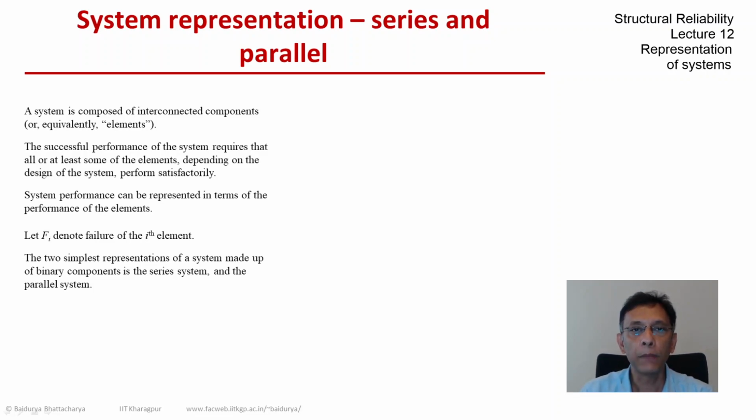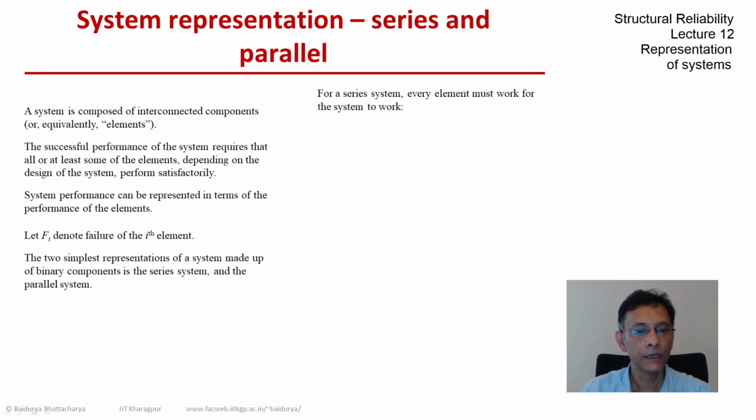That word binary is important, and it basically means that it can either be in up state or down state, safe state or failed state, working state or not working state. And that is the most common representation that we take in systems reliability, both for elements and for the system, and what we will do for our structural systems as well.